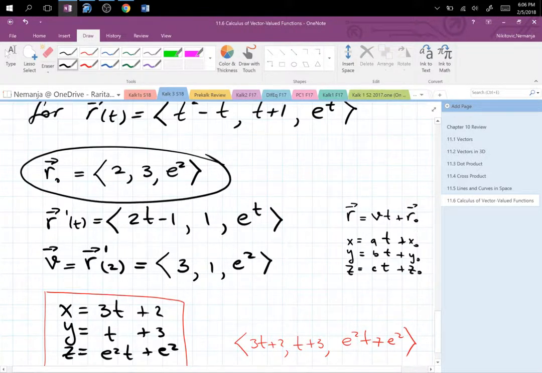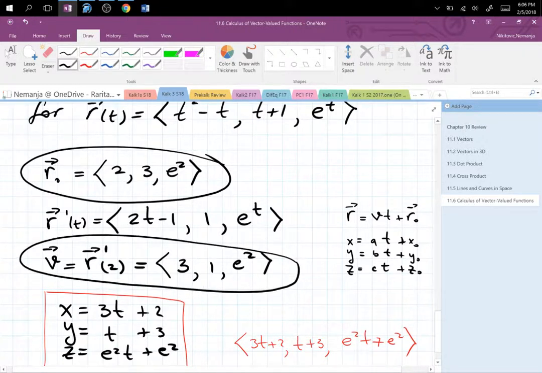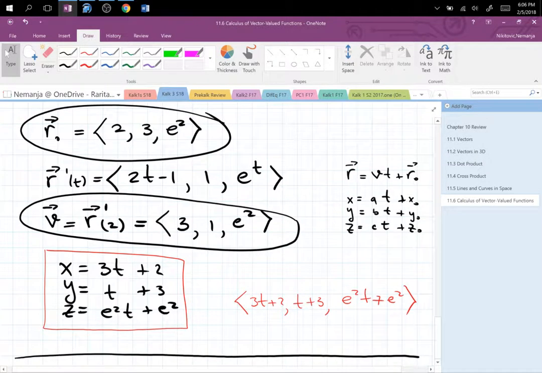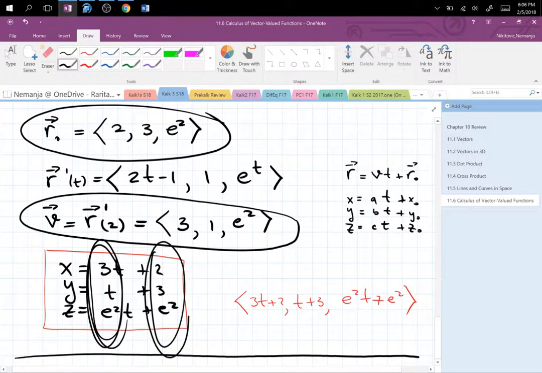So here are your x, y, and z zeros, and here are your a, b, cs. I just arranged them vertically. So you have your 3, 1, e squared over here, and you have your 2, 3, e squared over there.